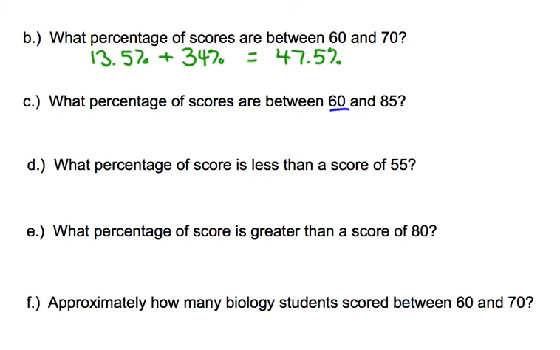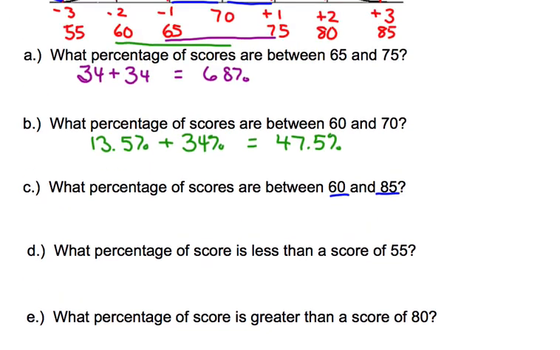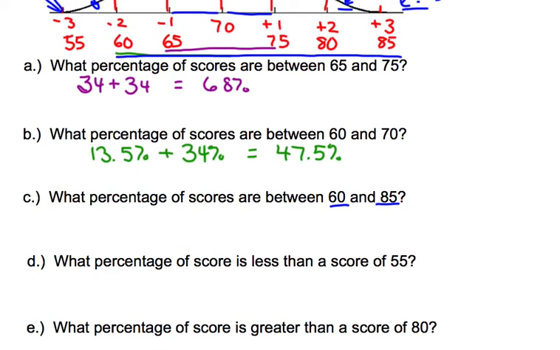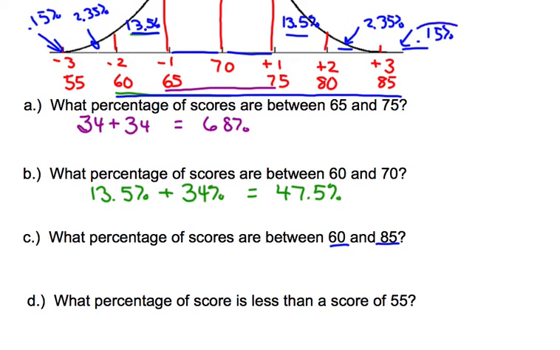I'm going to head back up. Between 60 and 85. So what we have to do is we have to add all of these numbers. Oh, not the last one. Not this one right here. Okay.